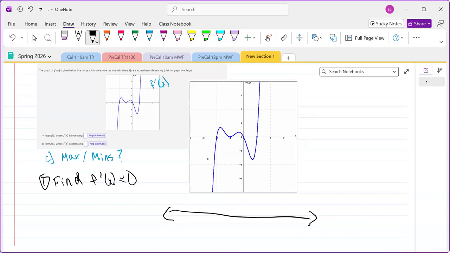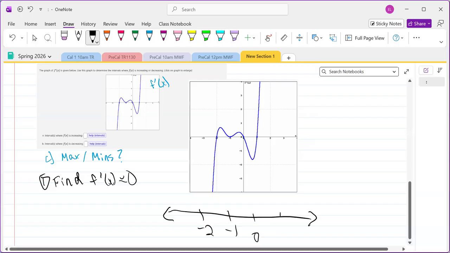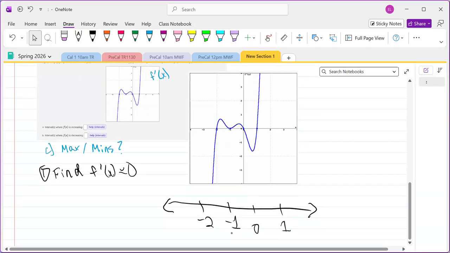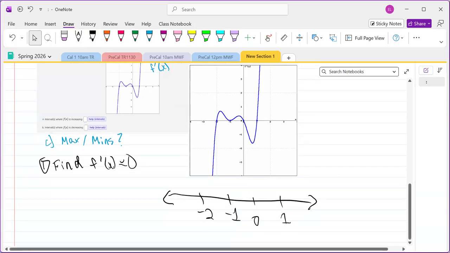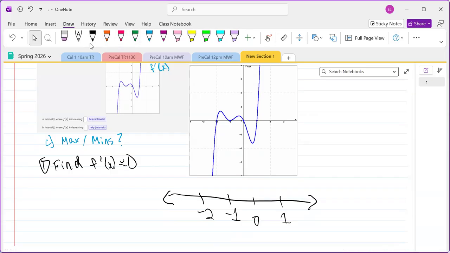So this is my graph of the derivative. I've got a zero at -2, -1, 0, and 1. They went super crazy on how many critical numbers we got. Now, the next thing we did, which would be step 2, is we pick some test values.